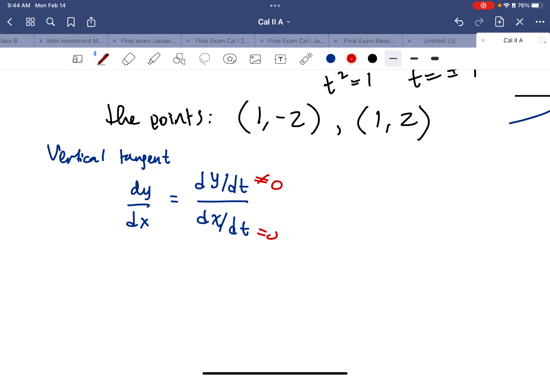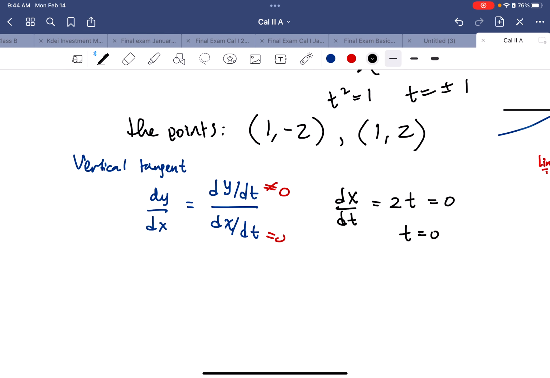So the dx over dt, let me write here. So dx over dt is 2t, which means if you equal that to 0, then your t is 0.